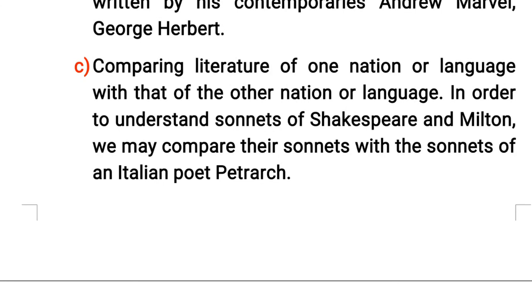Okay. Third comparison can be done on a larger scale. For example, you can compare the literature of one nation or one language with the literature of the other nation or other language. Okay. Say for example, if you want to understand the sonnets written by William Shakespeare or the sonnets written by John Milton during the 16th and 17th century, first of all you can compare Shakespeare and Milton's sonnets with the sonnets written by Petrarch.